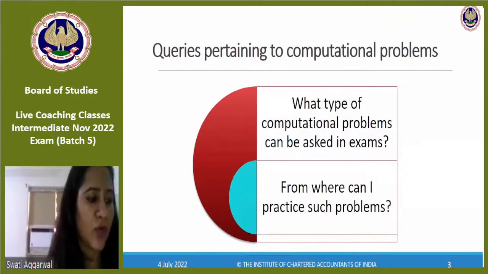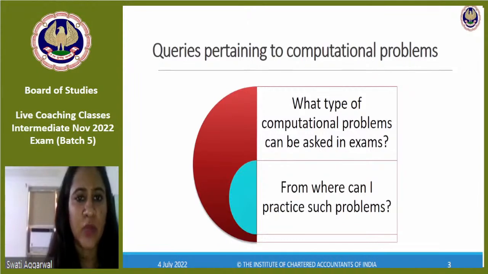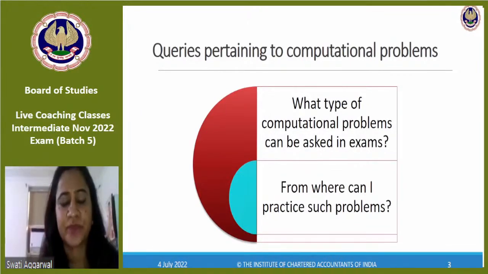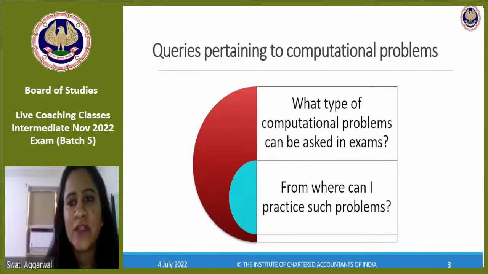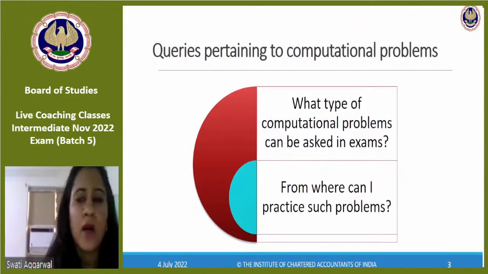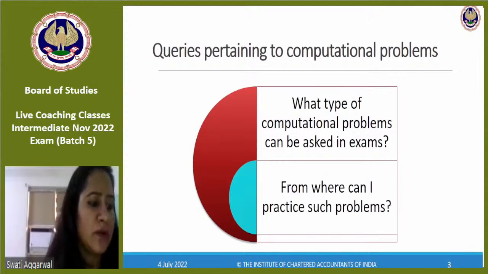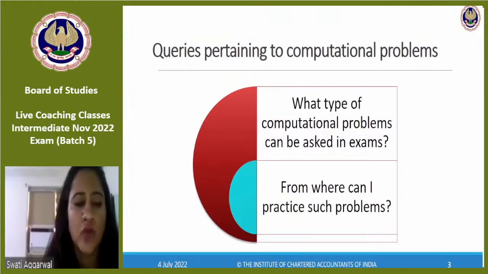So we will focus on what type of computational problems can be asked in exams from this topic, exemptions from GST. Generally, when you read the services now, you will come to know there are agriculture services, education services, services provided by government, and likewise so many services.